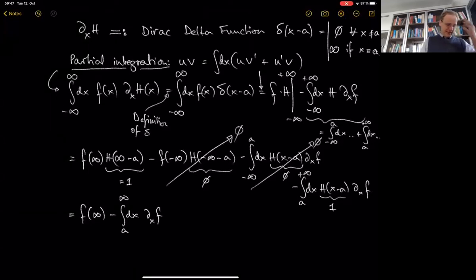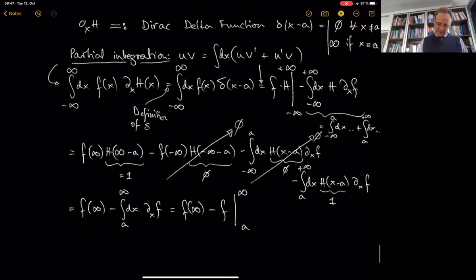Now when you integrate a derivative, you simply recover the stem function. So this is the same as f of infinity minus f evaluated between a and infinity, and so this is f of infinity minus f of infinity plus f at a. So your entire integral here becomes f of a.